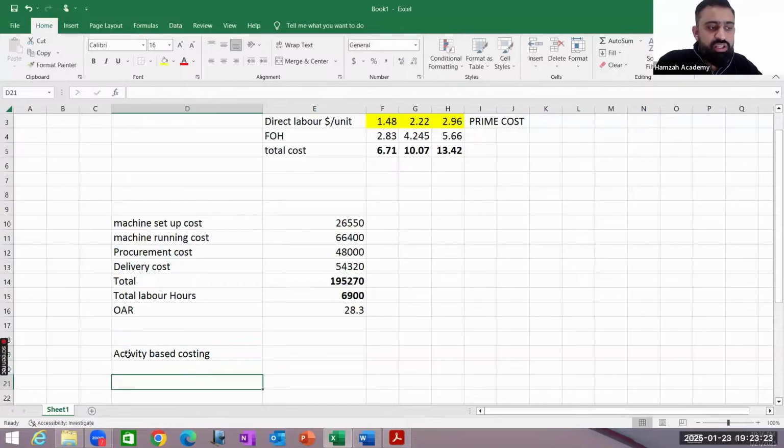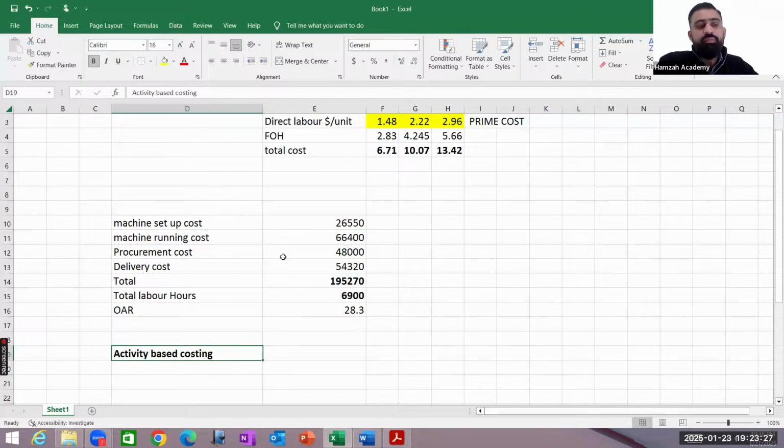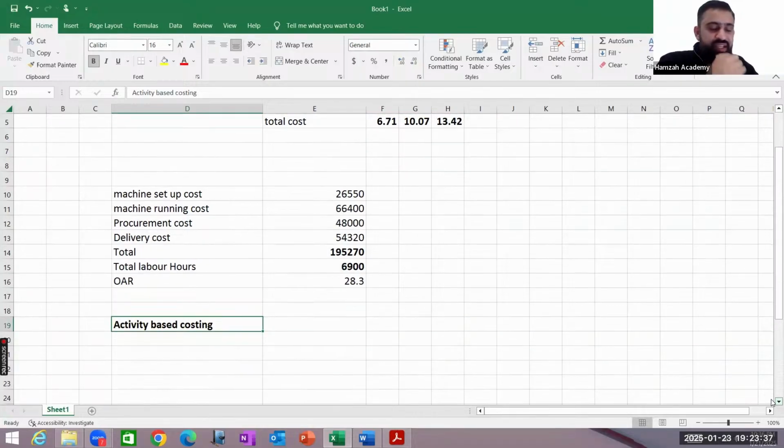And it is more logical, more accurate and more reliable than the traditional absorption costing system. And we discussed the reasons in the last class. And now we will perform the ABC using the same data.